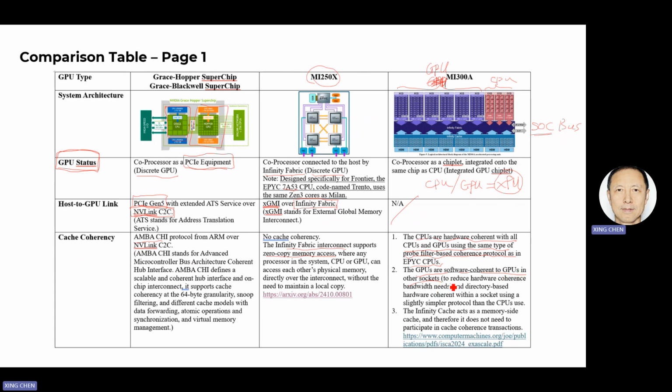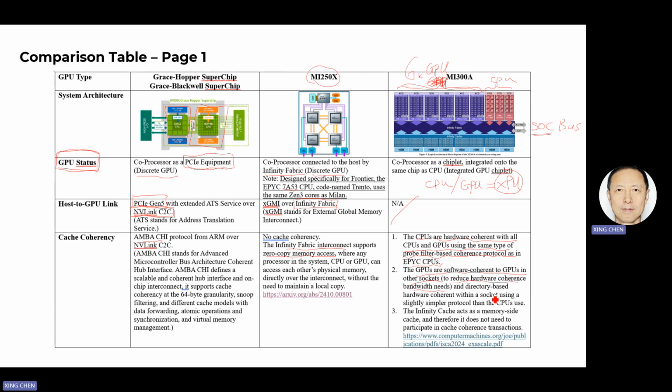The reason to have this is to reduce hardware coherence bandwidth needs. Within a socket, we have 6 XCDs, which means you have 6 GPUs.